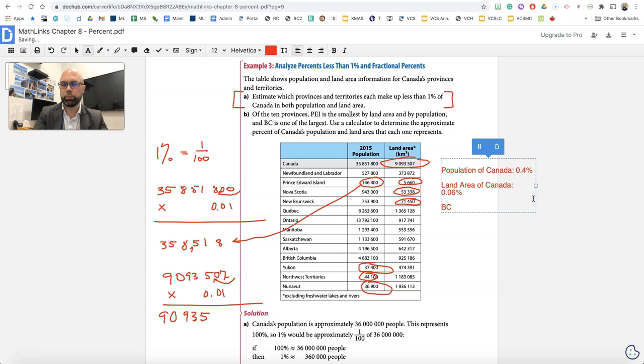Okay, BC, same thing. Population of Canada. Now, before I operate my calculator here, British Columbia has a population of, well, you and I know now, 5.1 million, so this textbook is a few years old, but here it has a population of about 4.7 million, and the total population of the country is 35 million, as we see here.